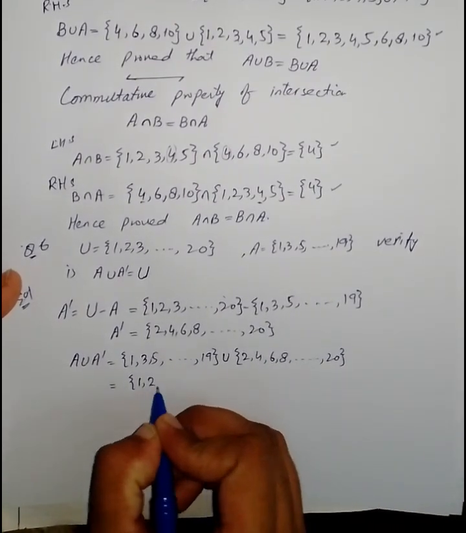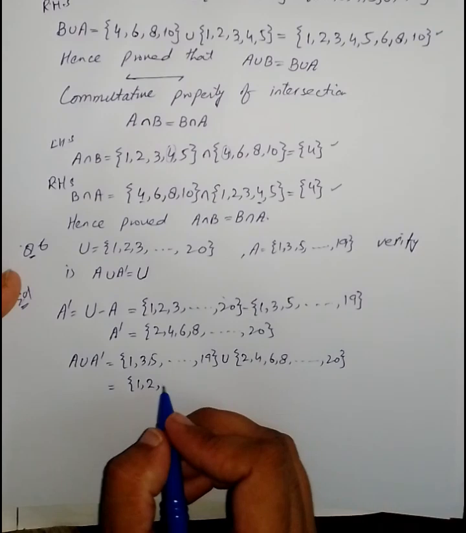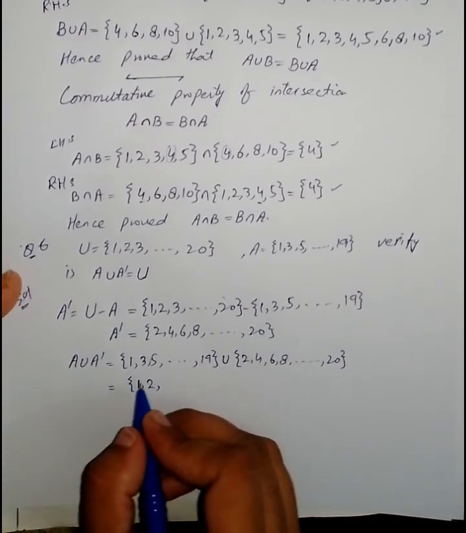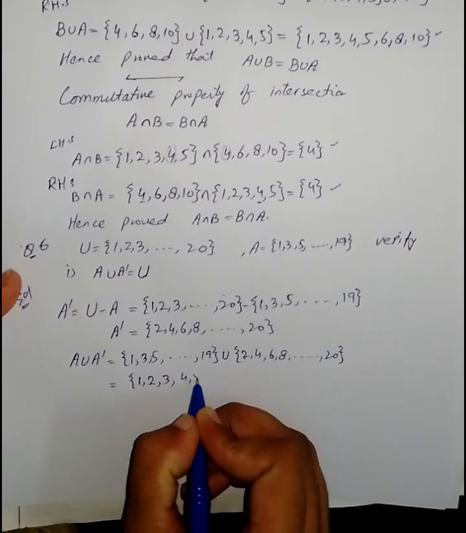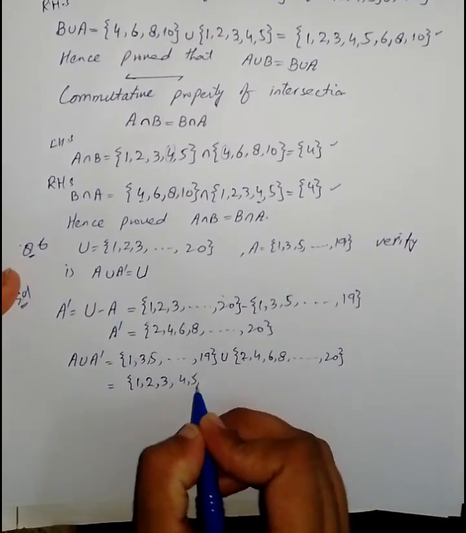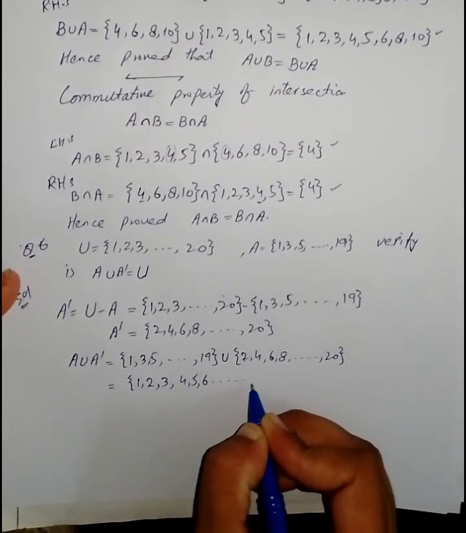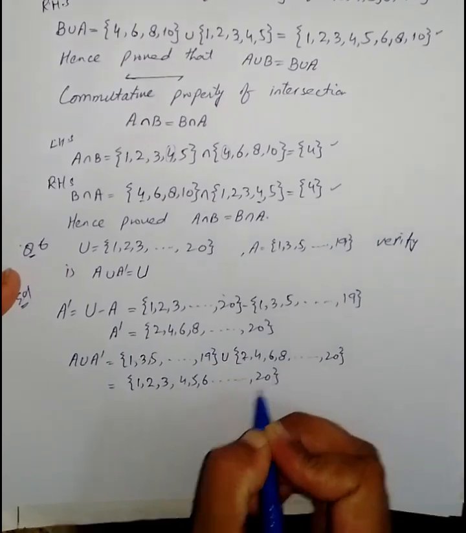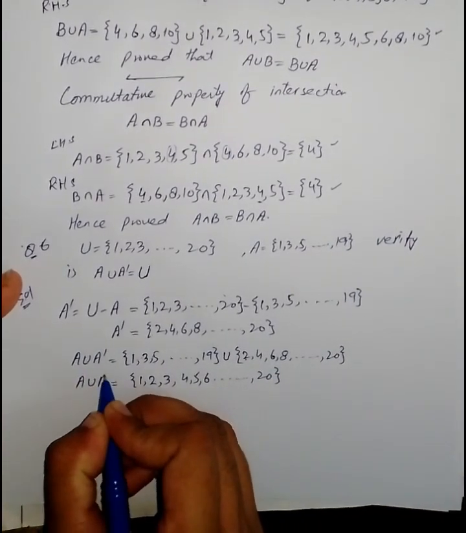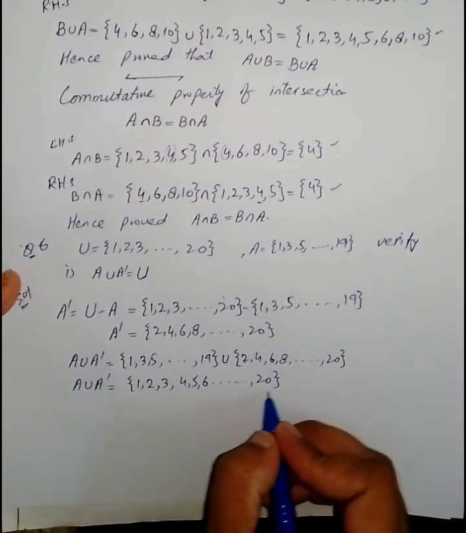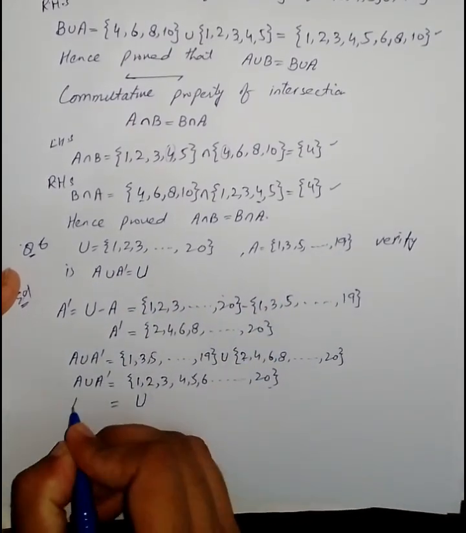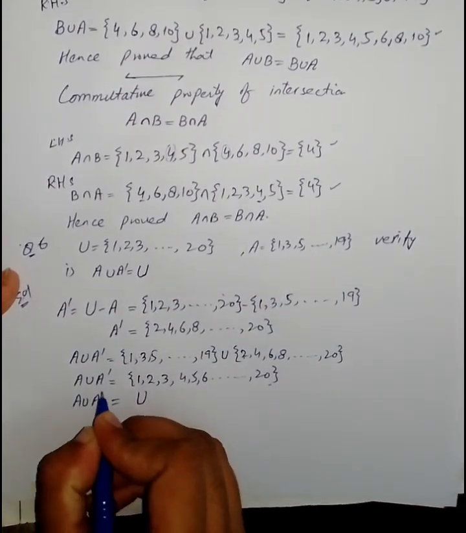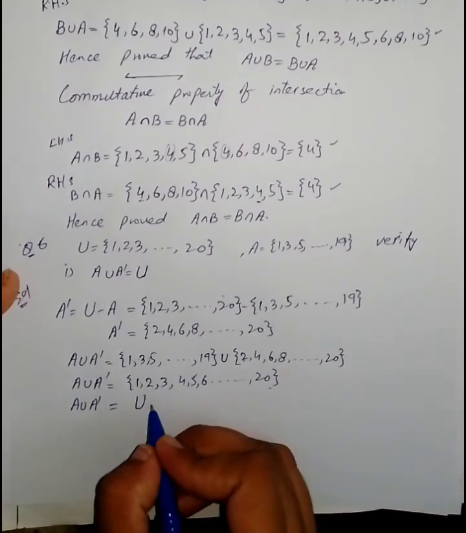All the elements 1 to 20 will be, we get here 1, 2, 3, 4, 5, 6 up to so on 20. That is equals to universal set U. This 1 to 20 is equals to universal set U. Hence verified that A union A complement always equals to universal set.